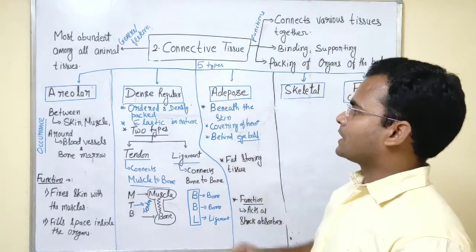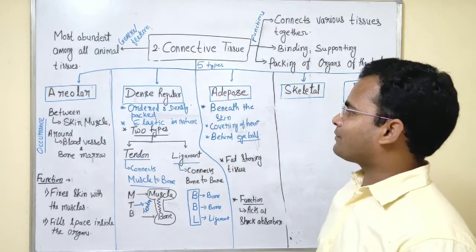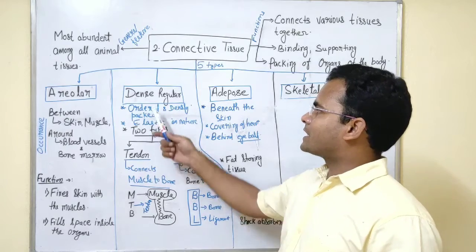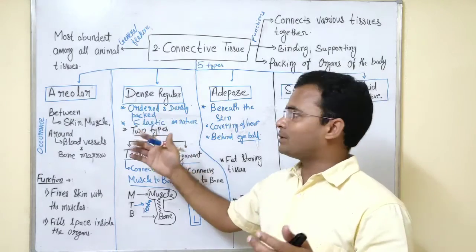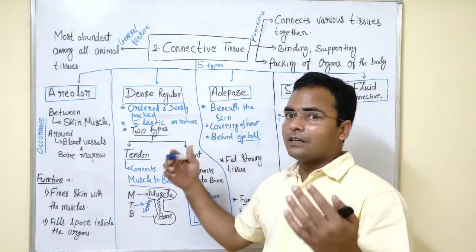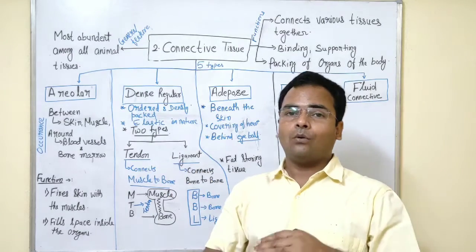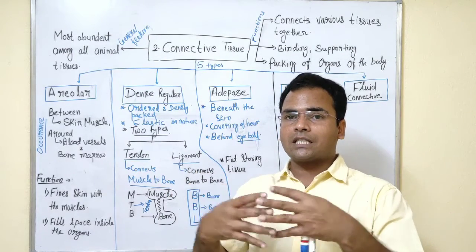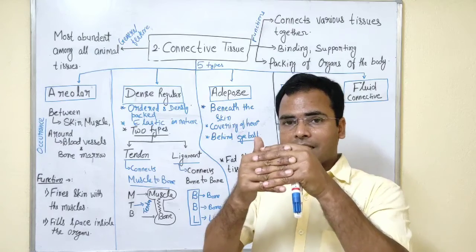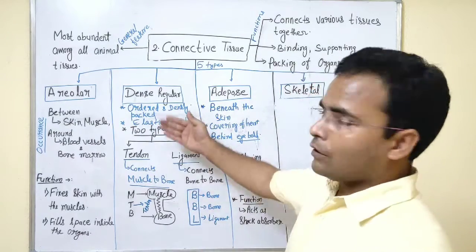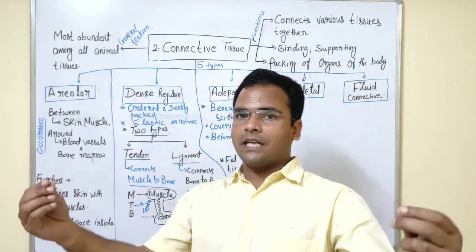The next type is dense regular. It is clear from the name itself. It is dense regular, so what should it be? They are ordered and densely packed. Density can be there only when the cells and tissues are arranged in a well manner. And of course, they are elastic in nature.